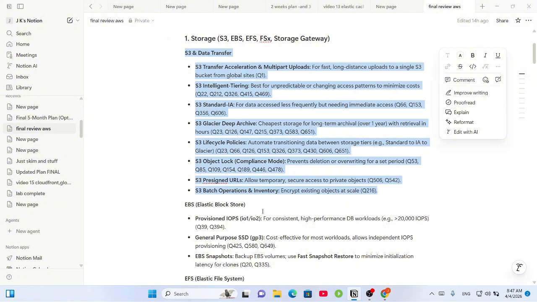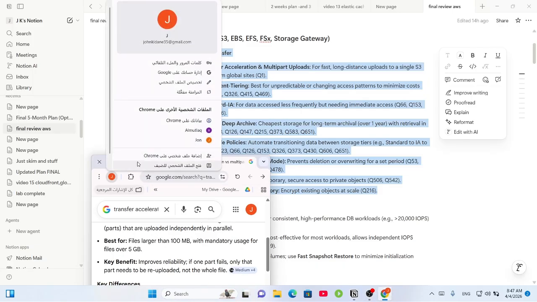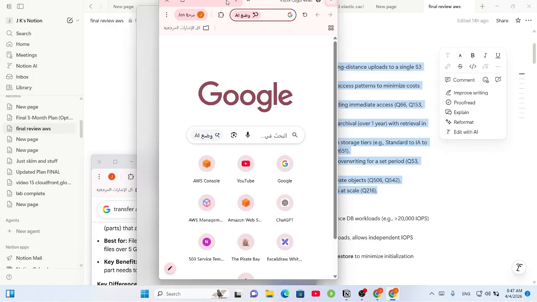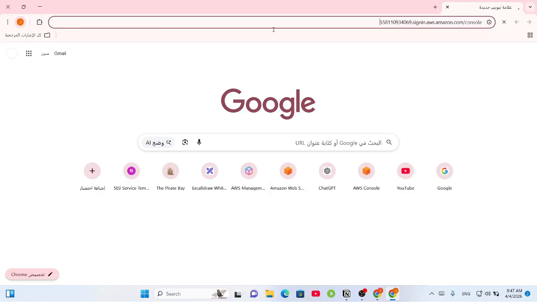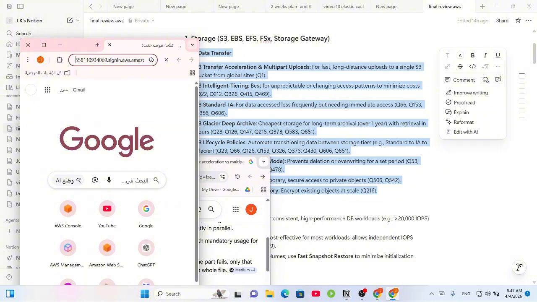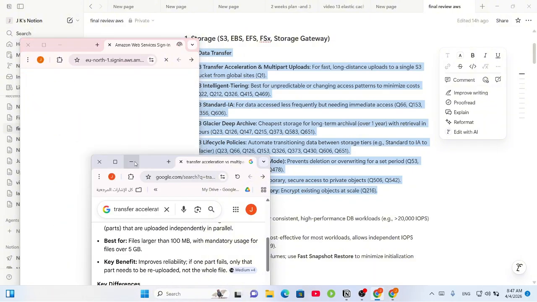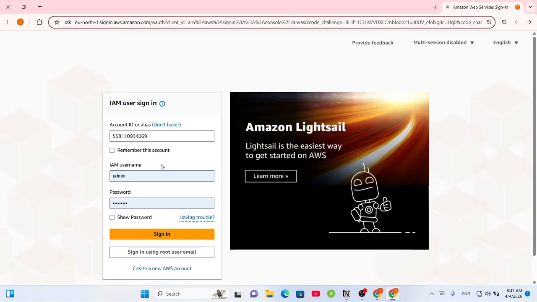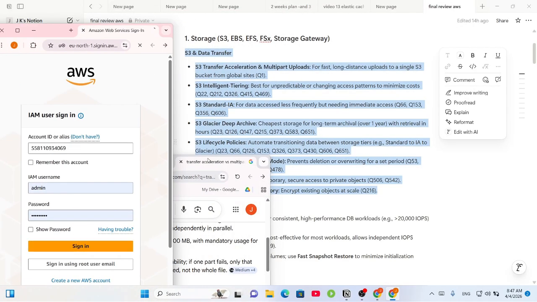So I don't want to go through each one, but if you want, I can go here and open this one, just to show you briefly, at a high level, exactly where we can find this.